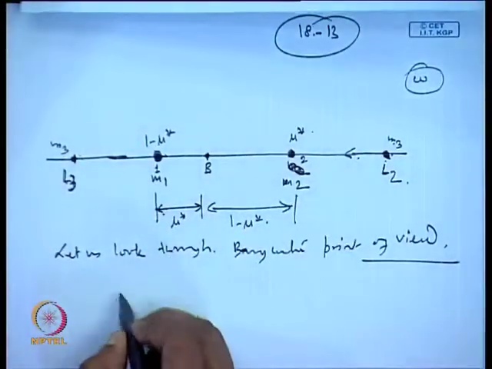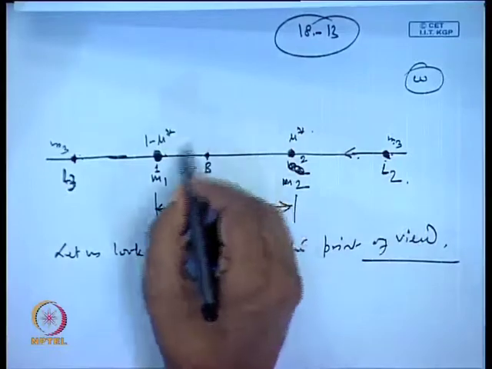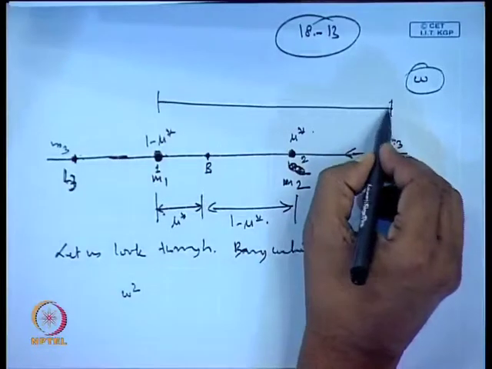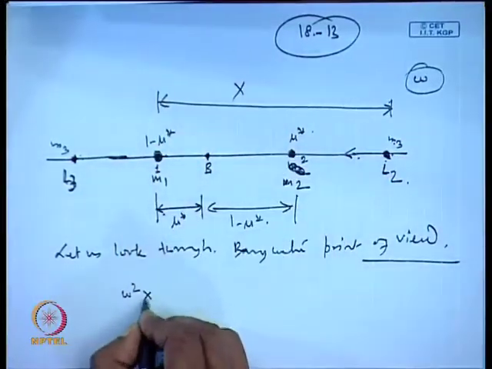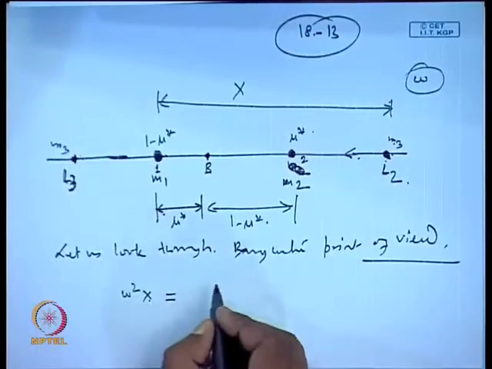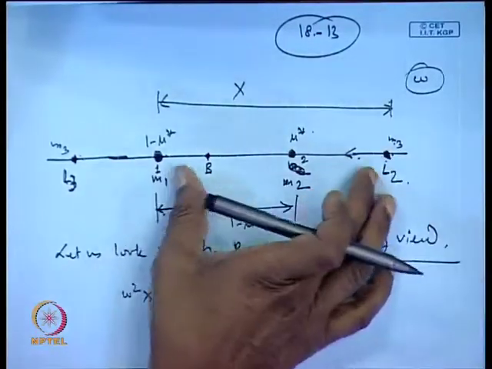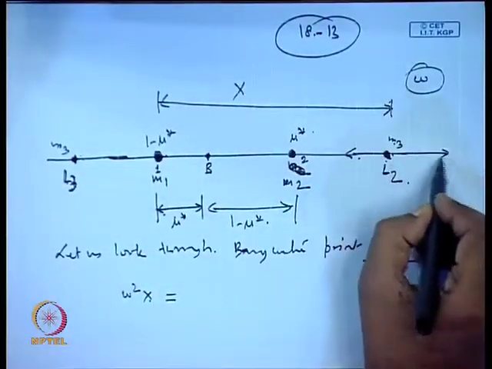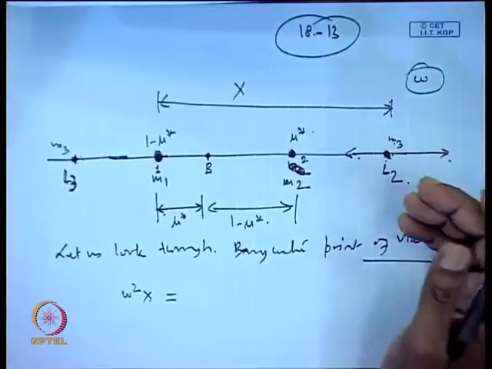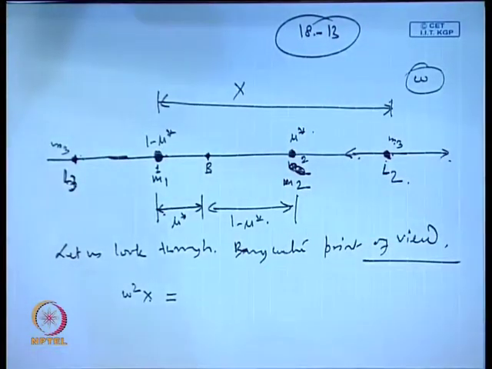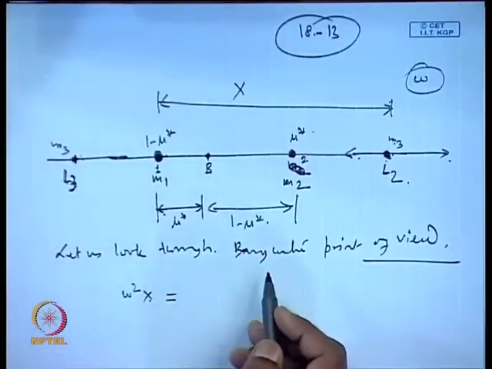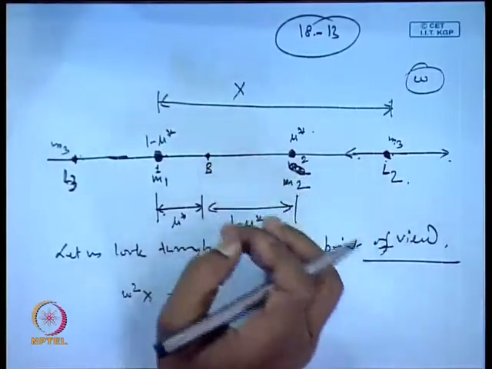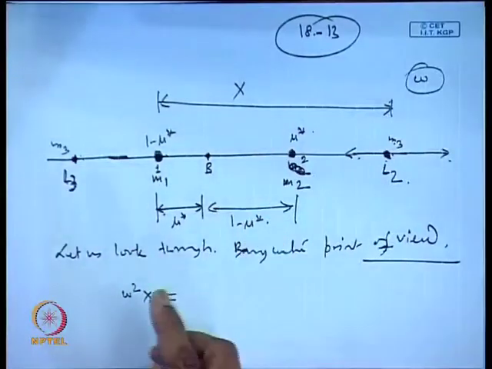So, what exactly we need to do here is that if omega is the angular velocity of the masses m1 and m2, then omega square times the normalized distance, this is the distance x, omega square times x, is something you can call the centrifugal force, or it is better to describe it in terms of centripetal force, because the centrifugal force is not a good option. Because we are writing it from the barycenter point of view, it is good to say here that this is a centripetal force.